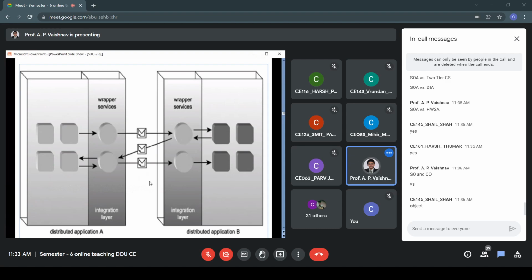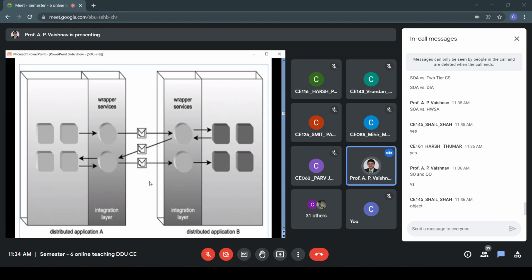As we know, object-oriented programming is commonly used to build applications for service-oriented architecture. But fundamentally, there are some differences. For example, if I give you one question, let us see whether you can answer or not.